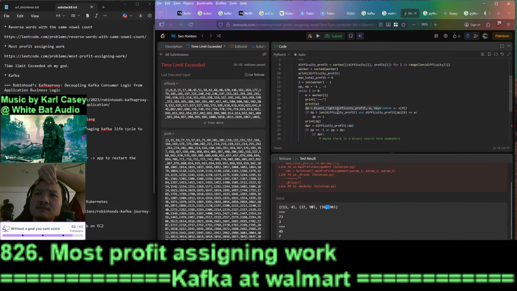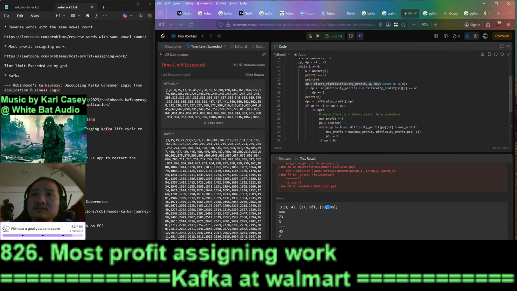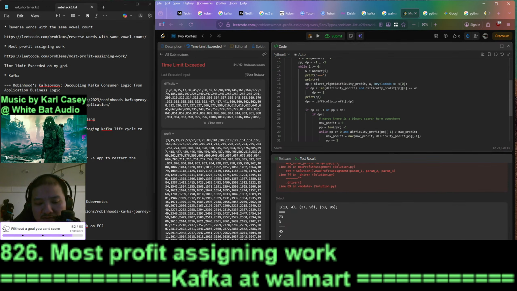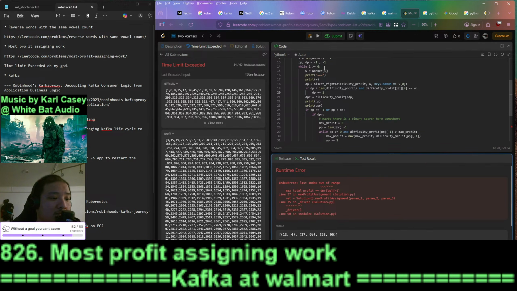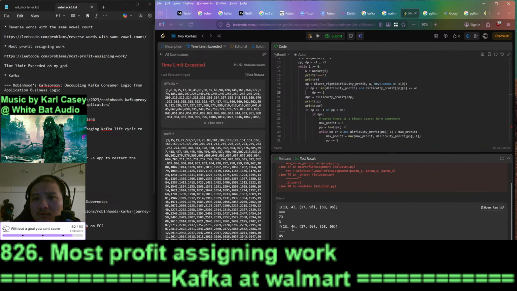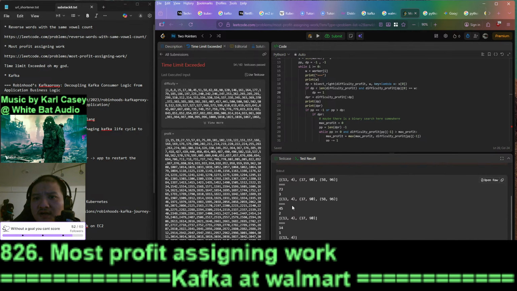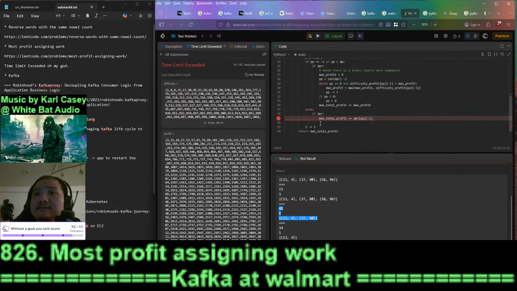If less than, then okay, it's not including that, right? So we should print the DP. Okay, we got this. 45, we got this one. And we also want DP here.